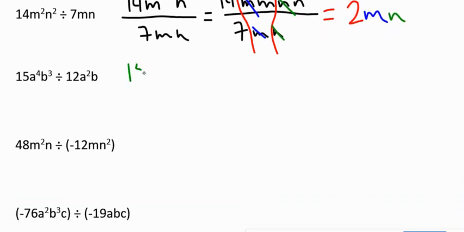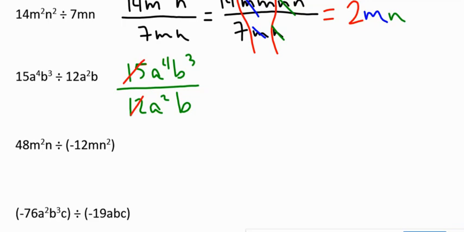Next, we have 15a to the 4th b cubed over 12a squared b. So 15 and 12 definitely share a factor of 3, but 12 doesn't go into 15 evenly. So really what we can do here is reduce.